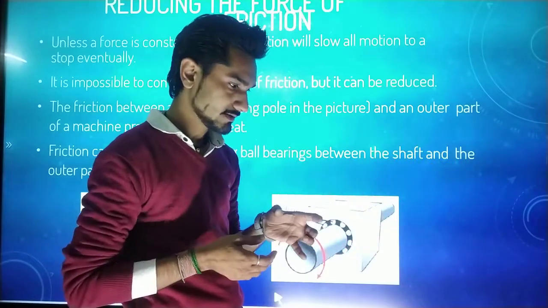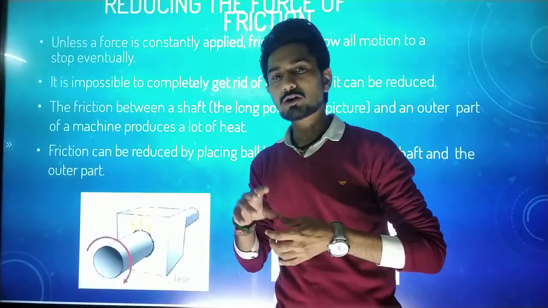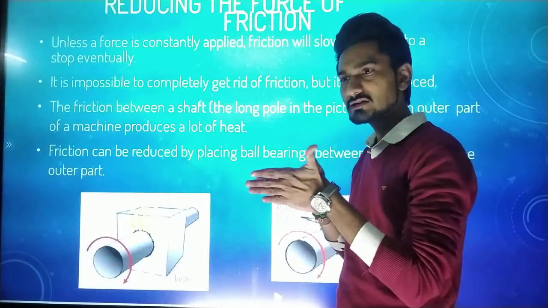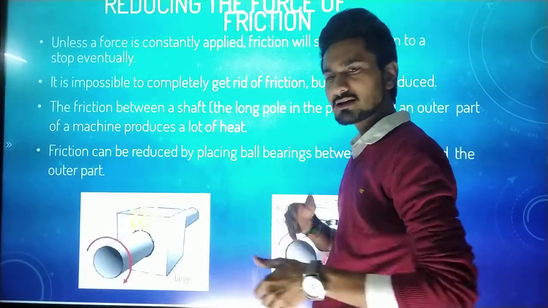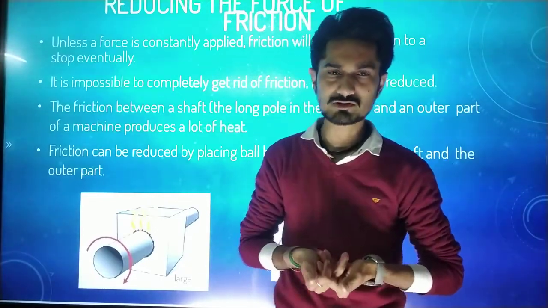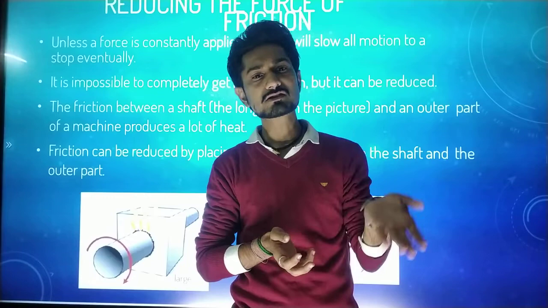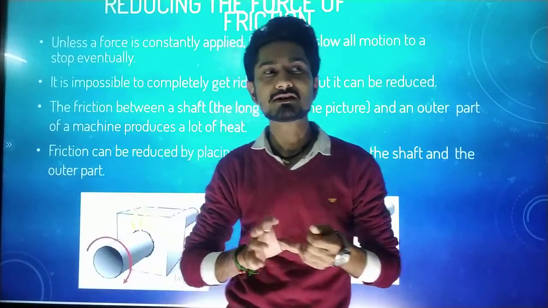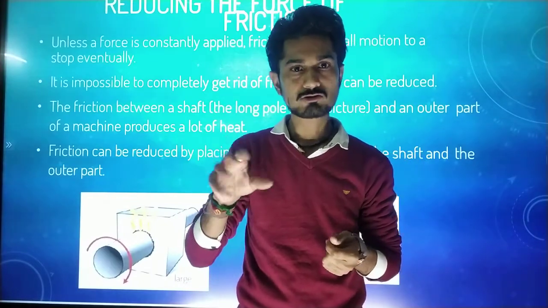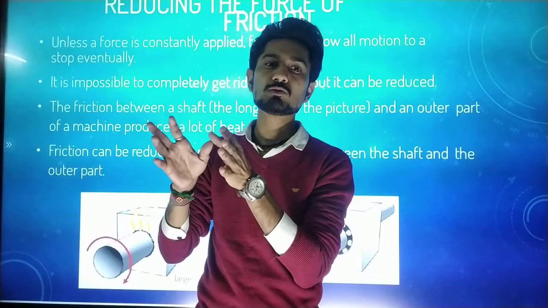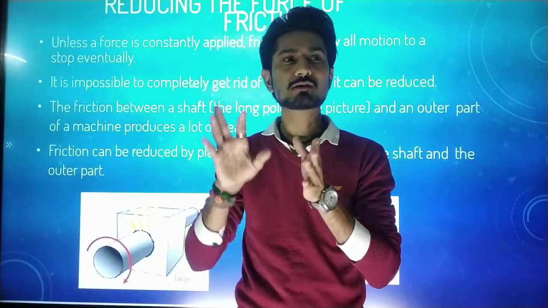We know that. Then we can understand that friction has to be as little as possible in machineries and in industries. If the friction force is less, the production of heat is also less, and it will take less effort to move objects, and less effort to rotate objects or machineries.